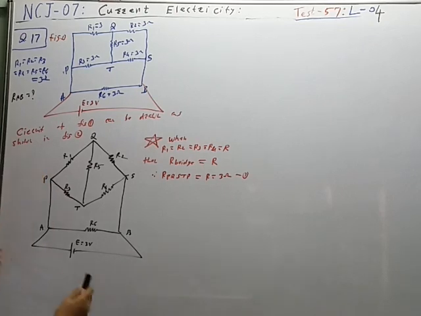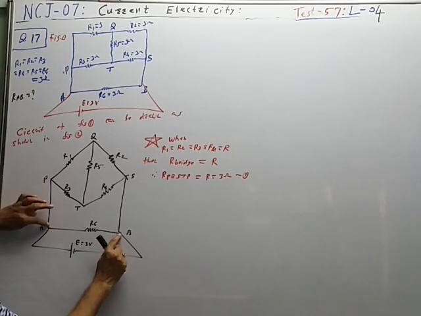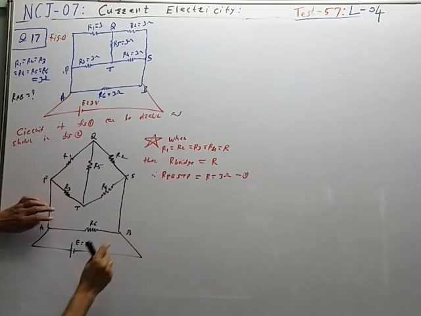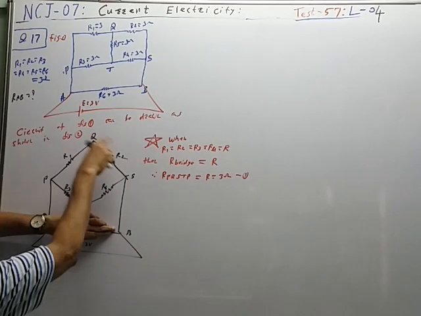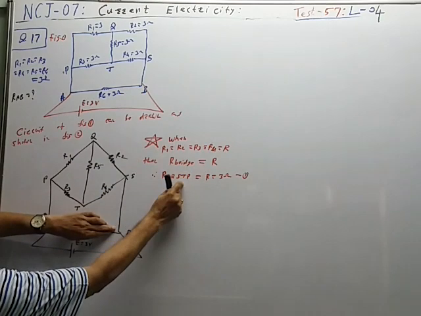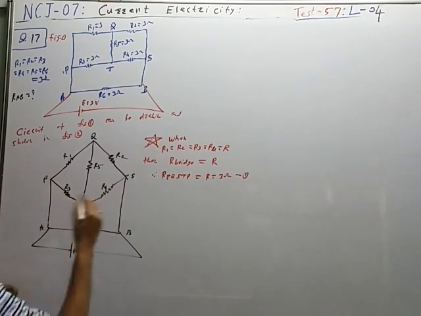Now consider these 2 points, A and B point. So between A and B point, this resistance is R6 and this is R bridge. They are in parallel.